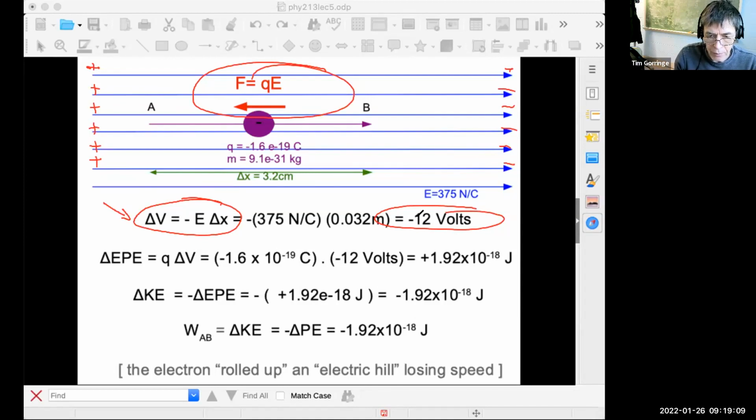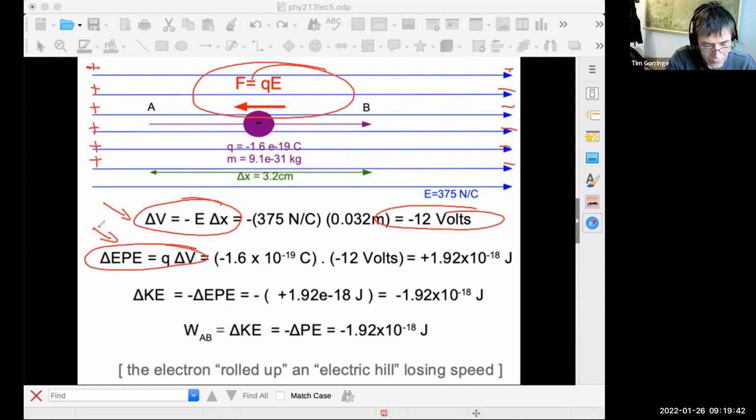And whether we were talking about a proton in this problem or an electron in the problem, the change in potential doesn't care. The charge of the particle is irrelevant for the change in potential. It is very relevant, though, for the next 3 parts. So the change in potential energy is given by this little equation here. And as I mentioned, this equation is nothing other than the equation that defined for us potential difference as being change in potential energy divided by the charge.